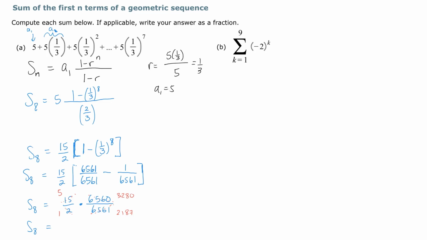So you're just reducing common factors. Well, now we're left with 5 times 3280 over what? 2187. Let's see if that reduces any more.